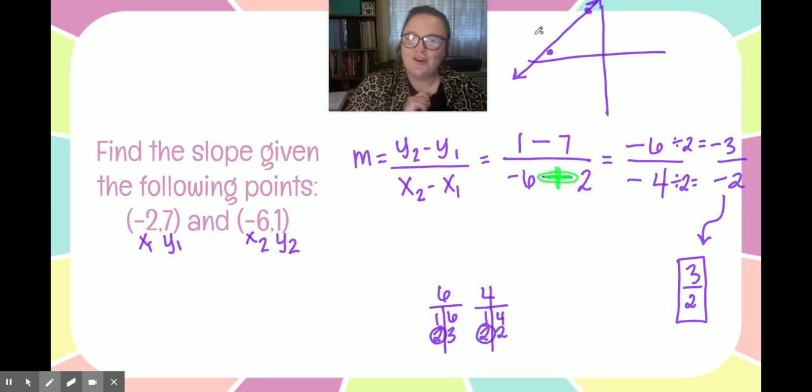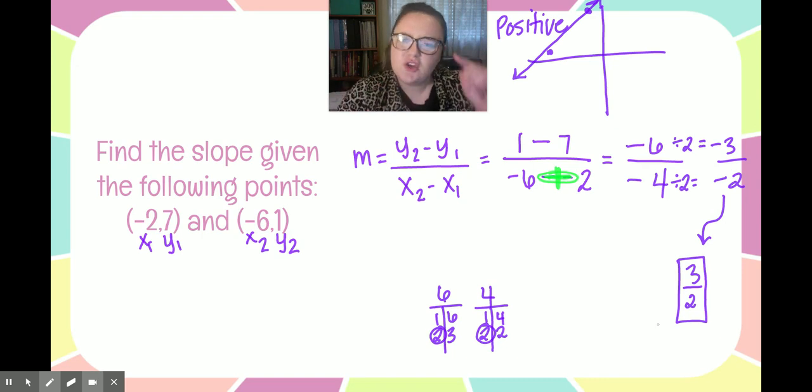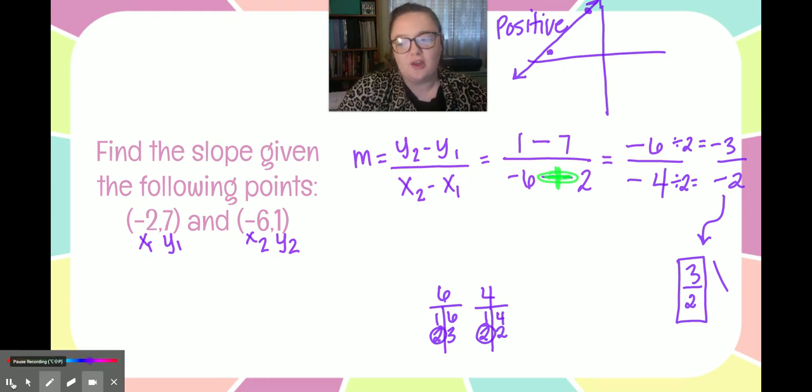Is that a negative slope or is that a positive slope? It's going up. This is a positive slope. So it makes sense that my answer is a positive. If you ever have concern about those positives and negatives, draw that quick picture and see, is it a positive slope or a negative slope? In this case, my picture told me a positive slope, so I knew that my answer of positive 3 over 2 was correct.